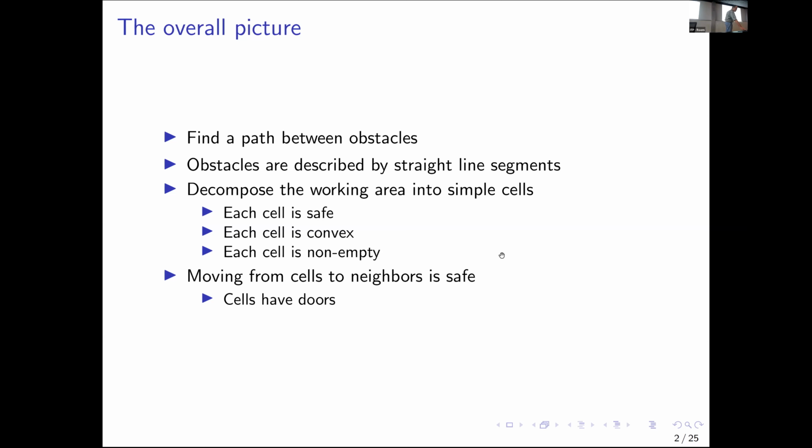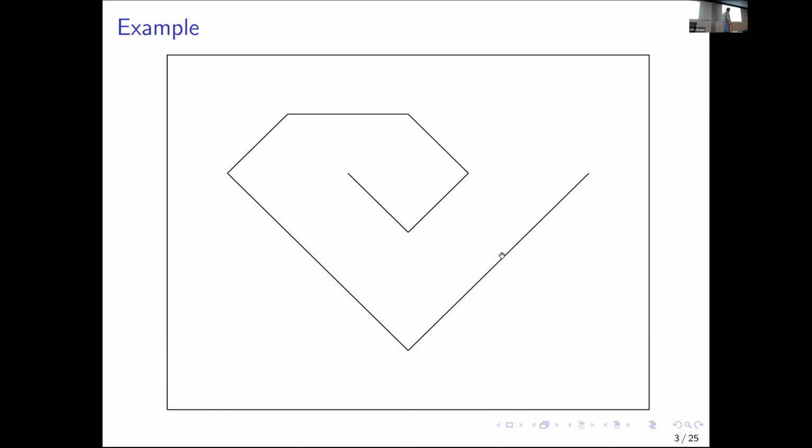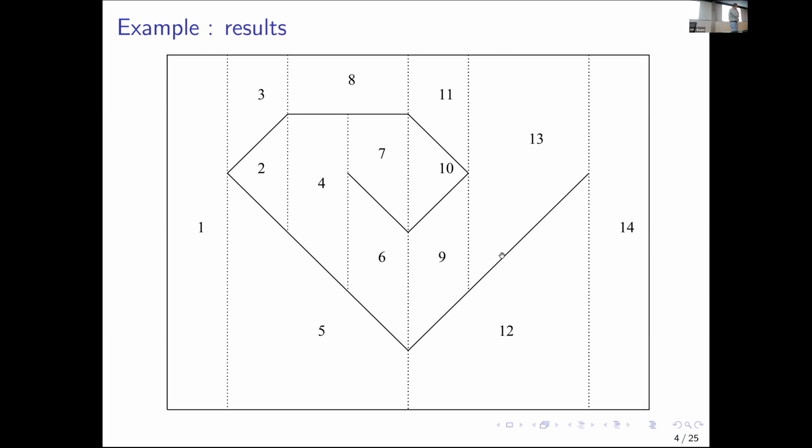So I'm going to make it clearer with a little drawing. This is an example of a maze. So these are my obstacles, the black lines, and the box around is the space in which I'm working. And this is the result of the algorithm I want to talk to you about today.